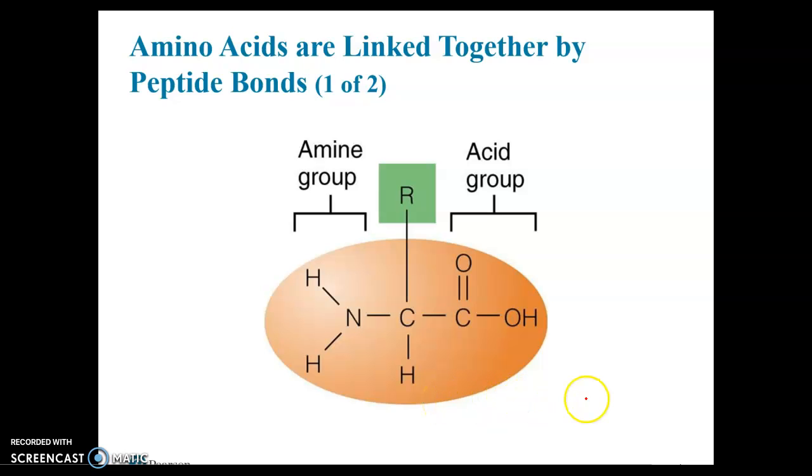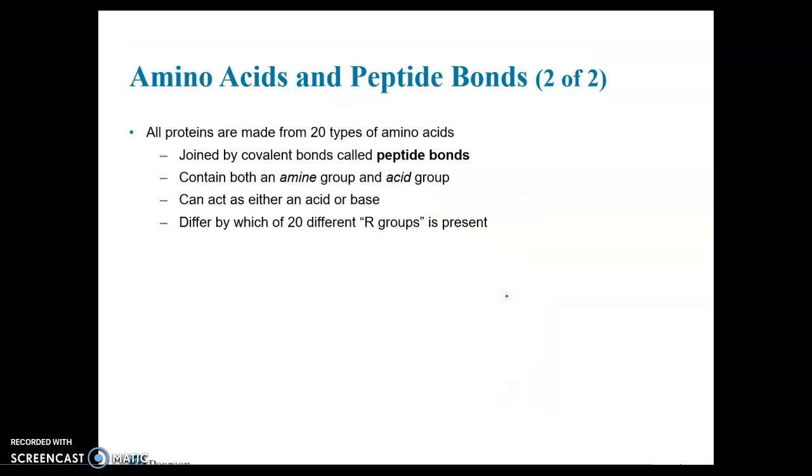And then on the right side, it's called the acid group or carboxylic acid group. Down at the bottom is the hydrogen. And then the R group can be anything. It can be any chemical compound, or it can be an atom, but the R group is what makes the amino acid different. It's what makes all 20 amino acids different. So the amino acids differ by which of the 20 different R groups is present.